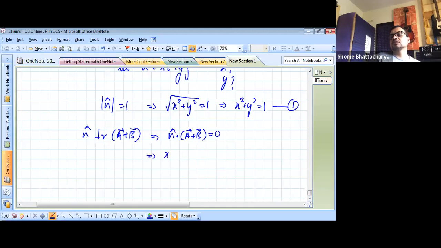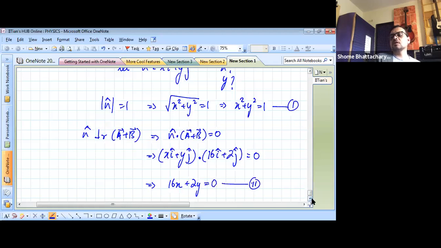So that means x i cap plus y j cap, its dot product with A plus B, which we just saw was 16i cap plus 2j cap, should be 0. So it should be 16x plus 2y is equal to 0.